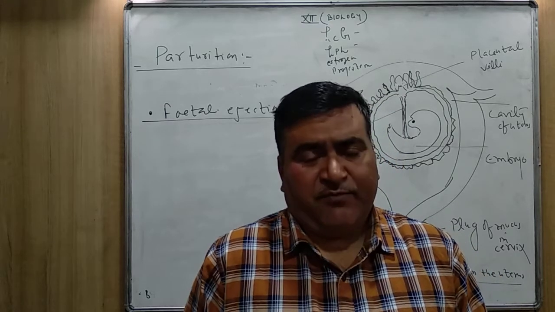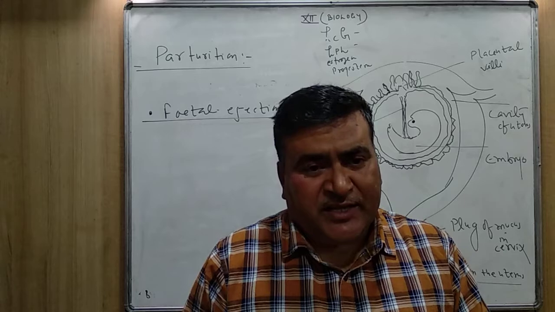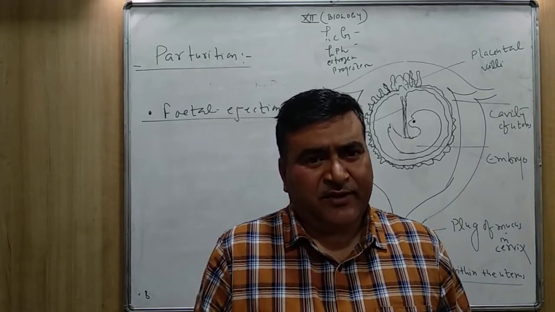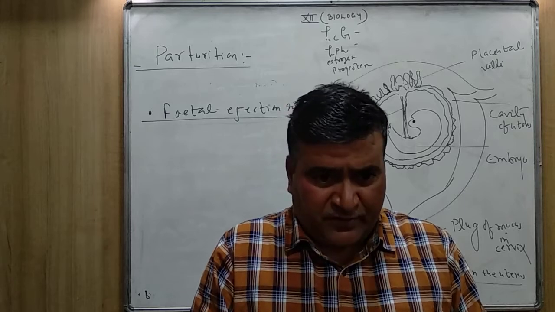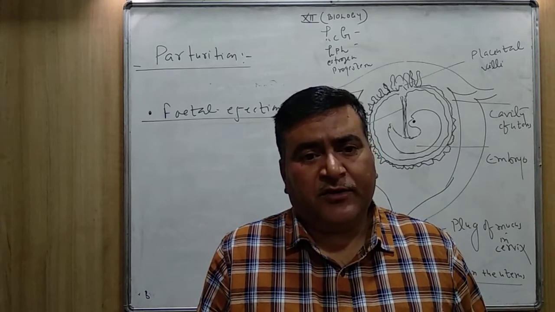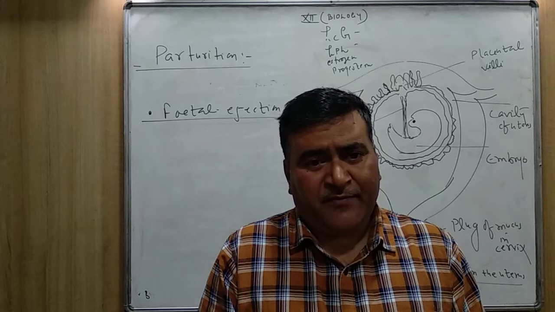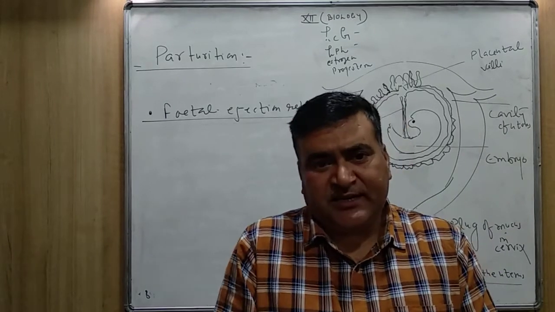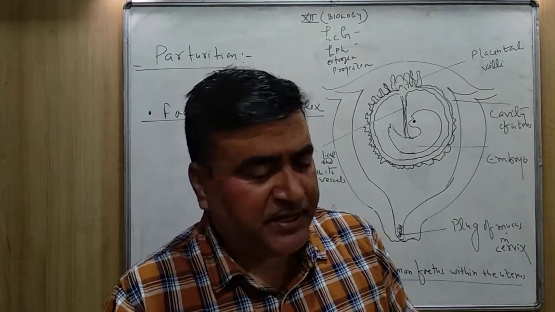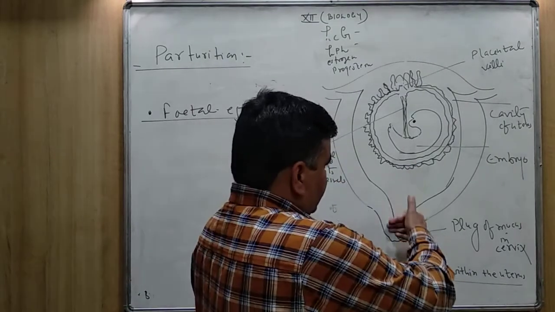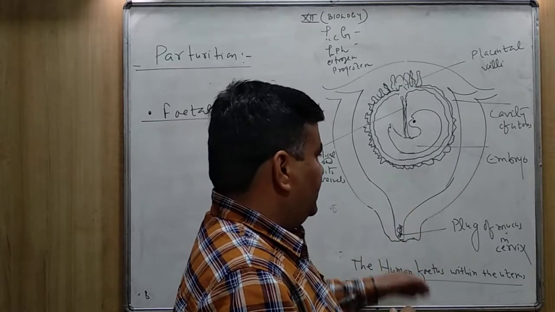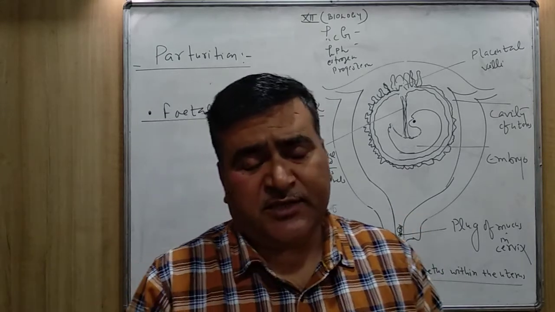Initially the contraction is very mild, but gradually at the time of the expulsion of the fetus, the contraction becomes very fast. Too much contraction takes place, and because of the contraction, when the wall of the uterus contracts, the fetus comes outside, and finally the process of childbirth takes place.